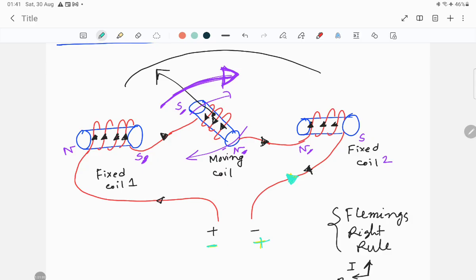Okay, so it's in this direction. So right now current is entering in this manner. So current is going in this direction.